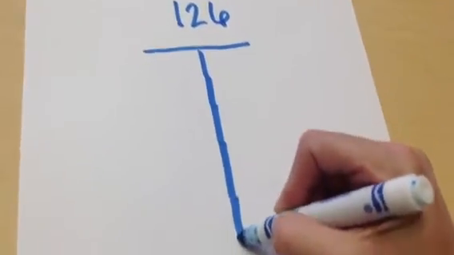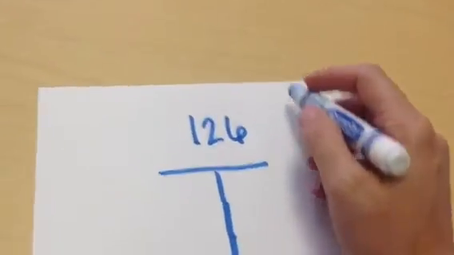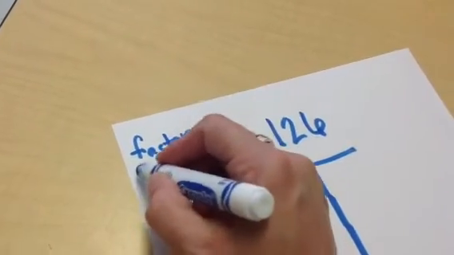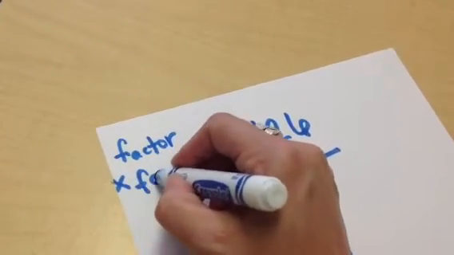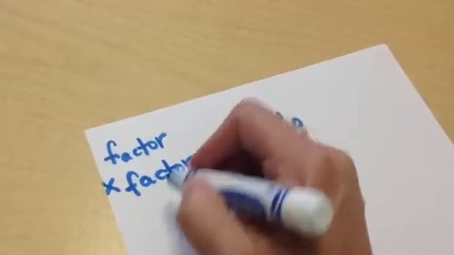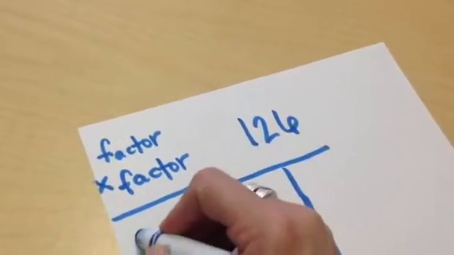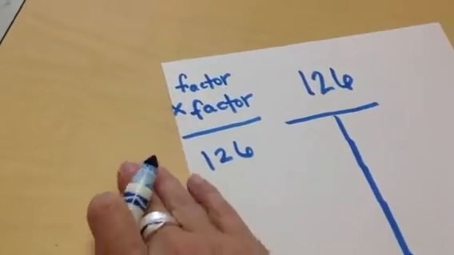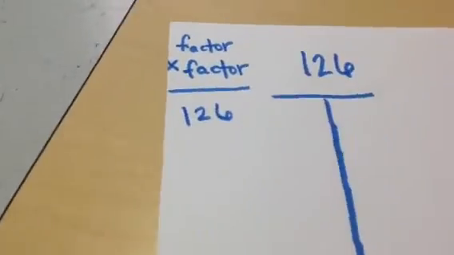Okay, so that means that, remember, if a factor times a factor, you want it to equal 126. Okay? So, what I need you to do is go ahead.